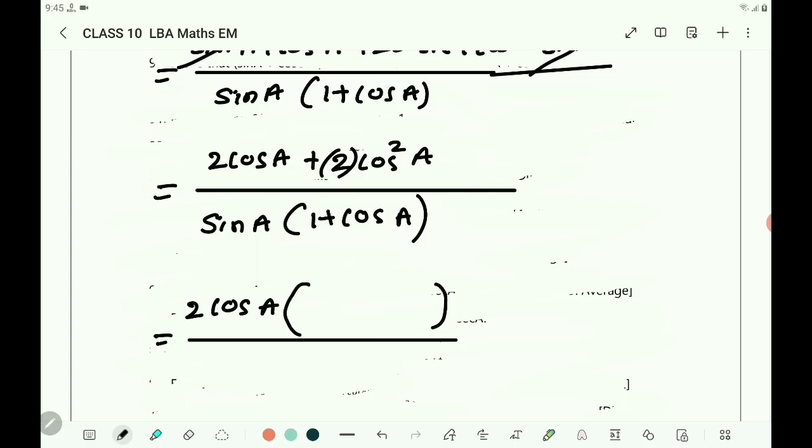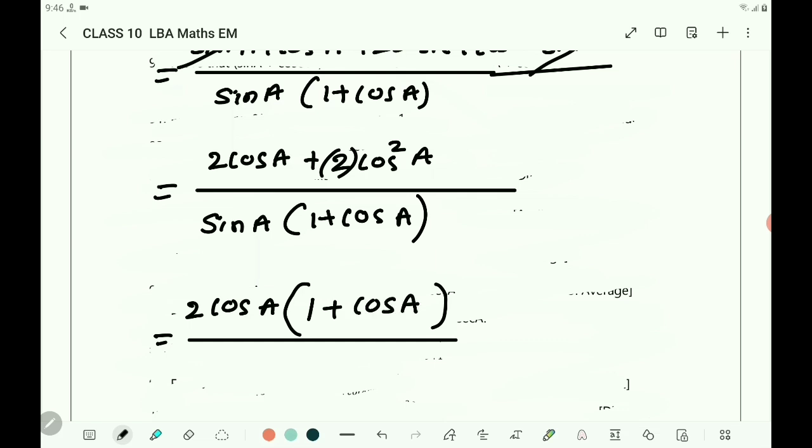In the bracket what is remaining? 2 cos A is outside, 1 is remaining here, 2 cos A into 1 is 2 cos A. Then plus, here what is remaining?